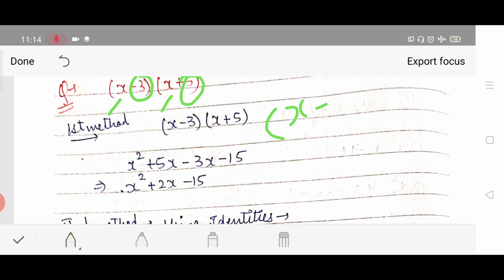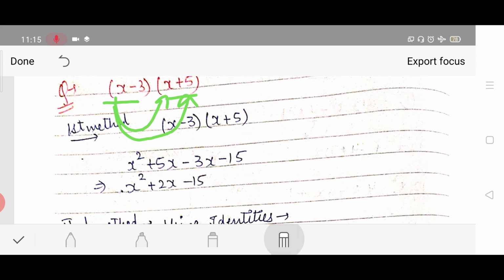You can recall that (x plus a) into (x plus b) was an identity, so you will apply this identity here. First of all, let us see how you can solve this question by a method. If you have two binomials in multiplication, you will multiply each term of one by each term of the other.